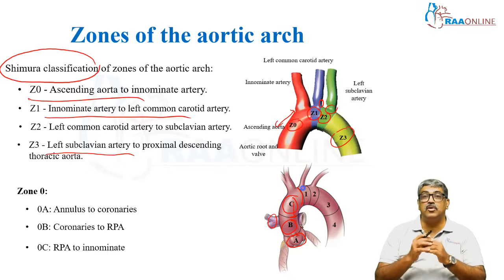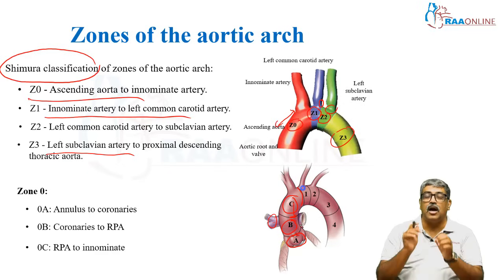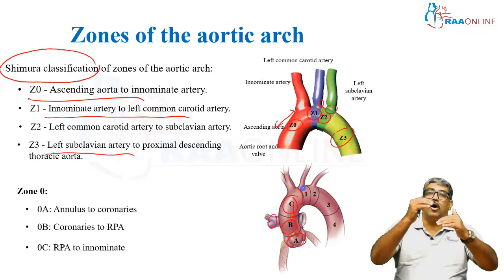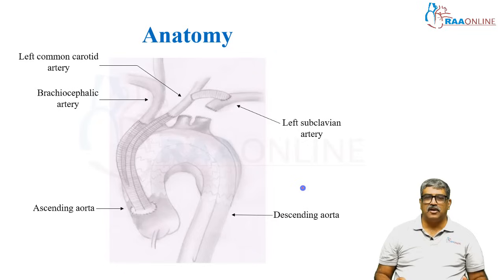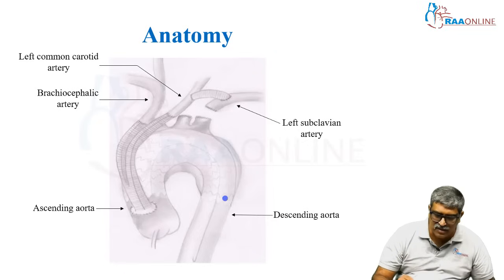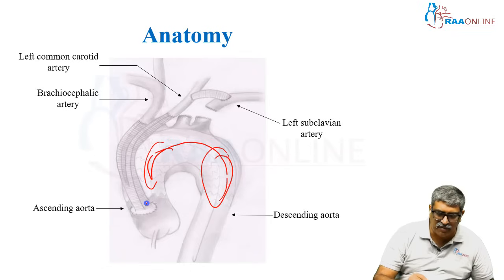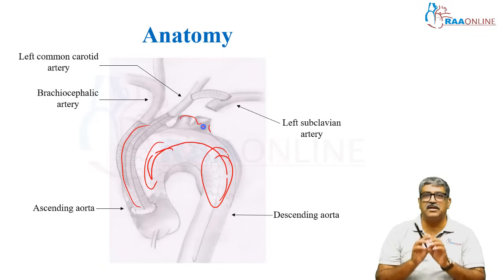So zone 0 is further subdivided into 3 subzones, that is A, B, C, and these zones are very important for the launching of the proximal part of the stent. So from the anatomy, these zones are important for placement of the stent graft, and the branches are very important for placing the surgical part.